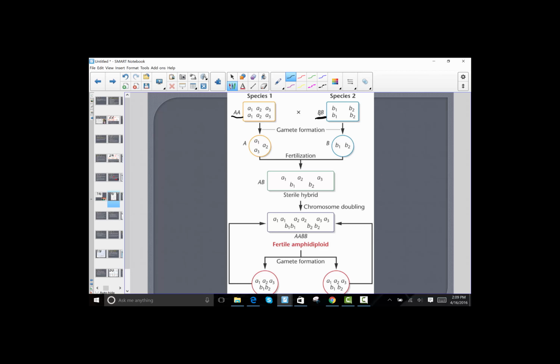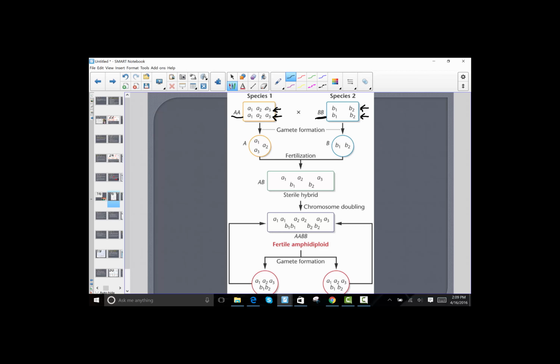Okay, so notice that this is a diploid individual. So this is one complete chromosome set here, and this is the second complete chromosome set. Again, here, this is a diploid individual because we have one complete chromosome set here and one complete chromosome set here. So you have 1 and 1, 2 and 2, and 3 and 3 of our species 1.